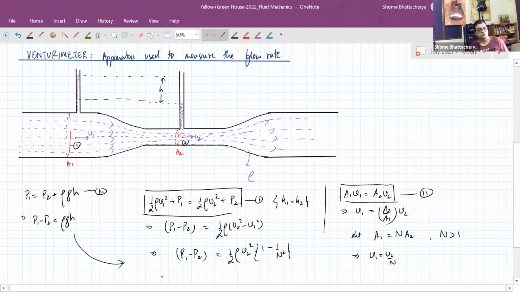So substitute this here now and we get a formula for calculating the speed of flow, and from that the volume rate. We want to calculate that.